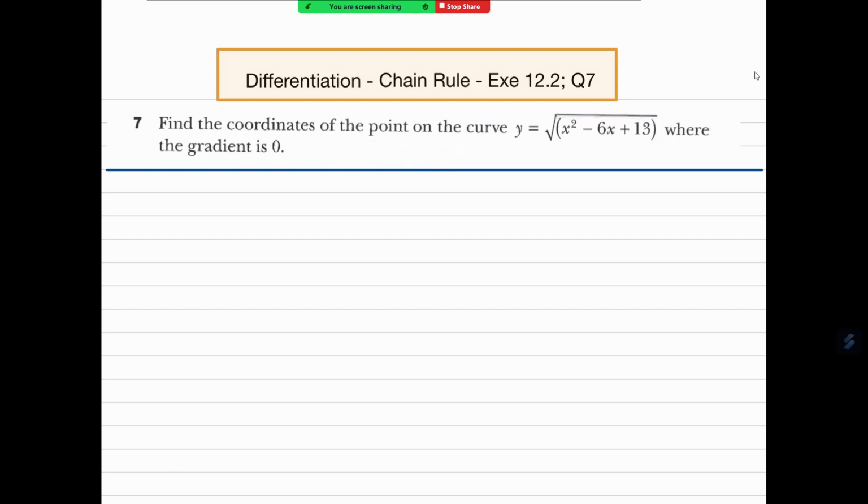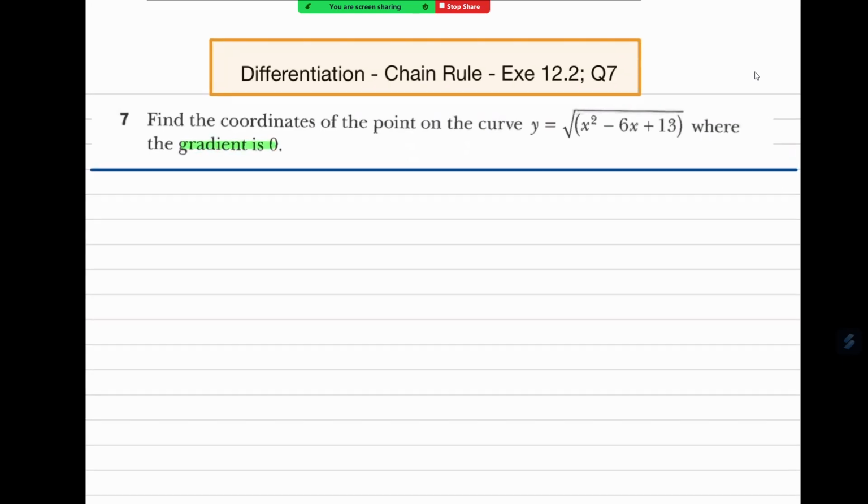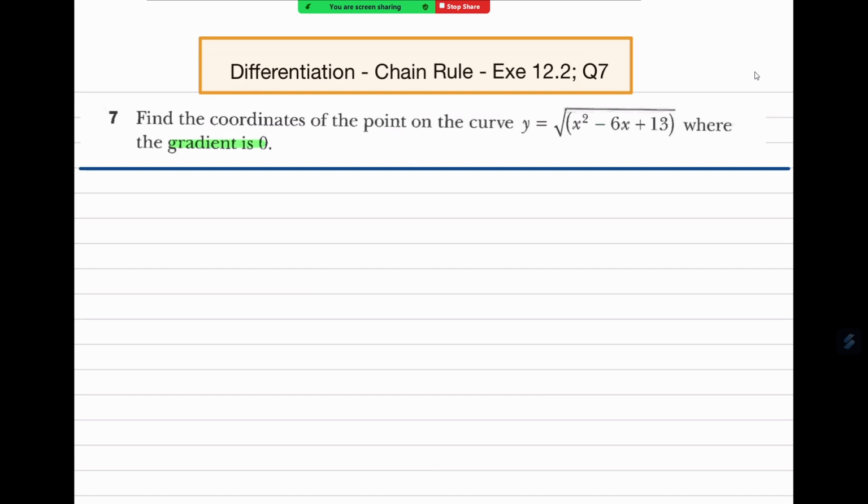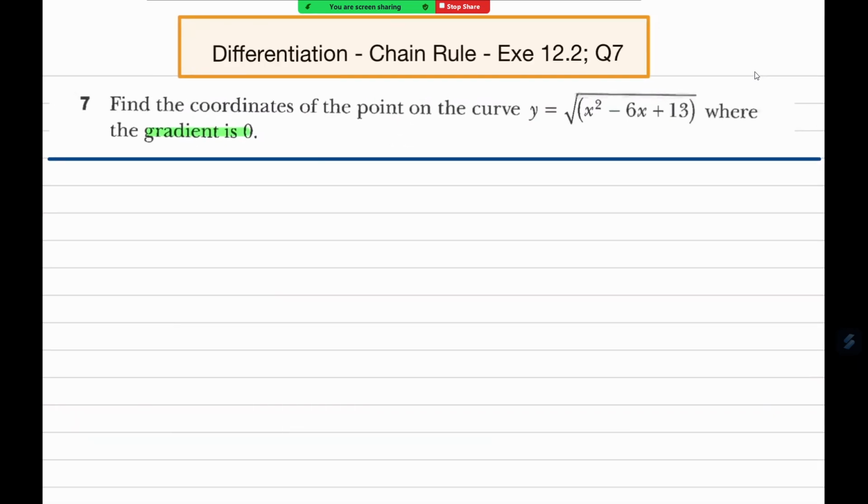And then the clue. What is the clue given to us in this question? They give us the condition where the gradient is 0. And what is gradient in mathematical notation? Yes, we know that gradient is represented by the notation dy/dx.